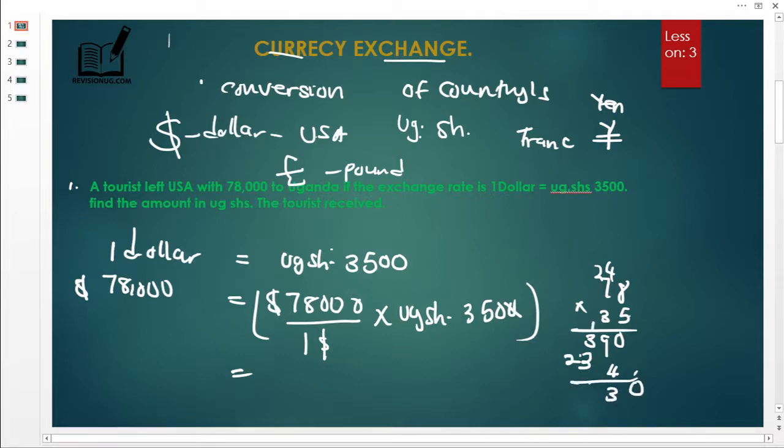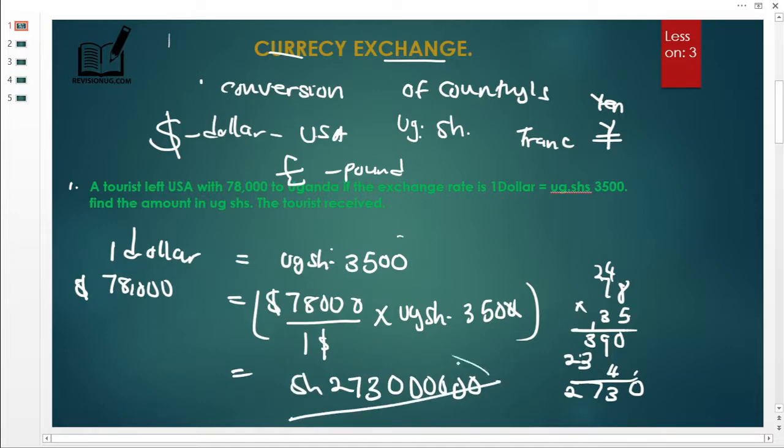We put here 67, then a 2. So he came out with 273 million shillings.